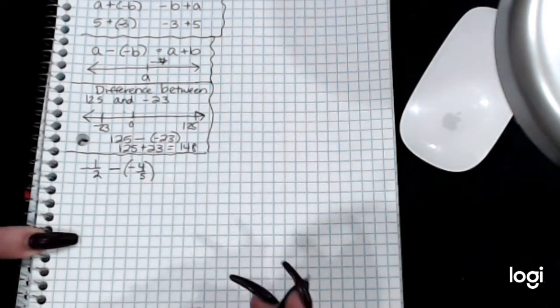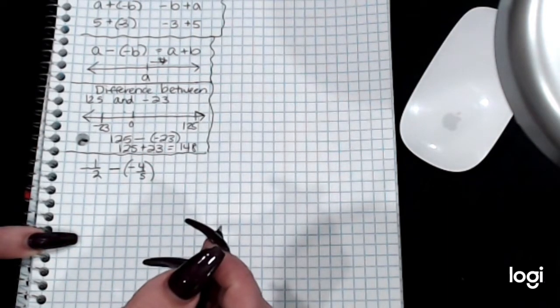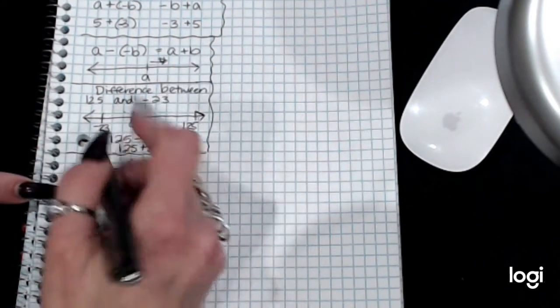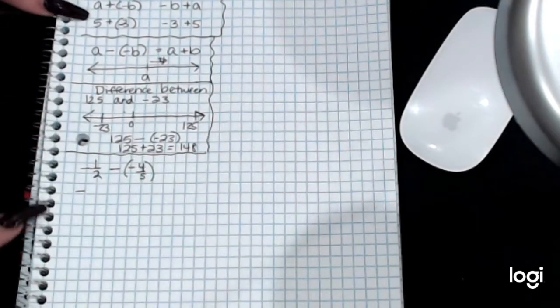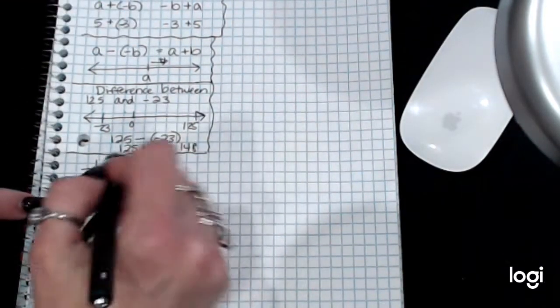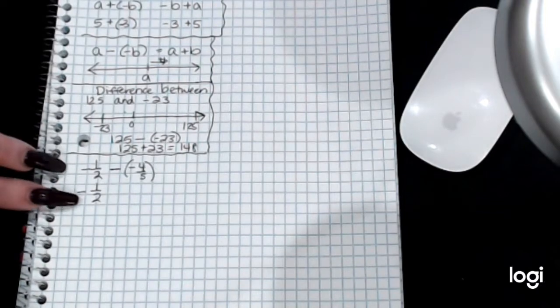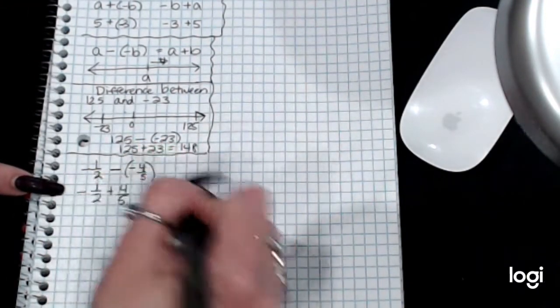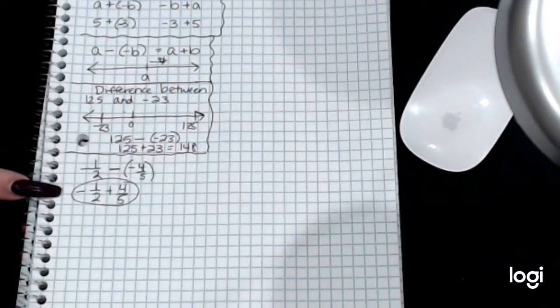So if you have to choose the values that are also the same as this one, just like we did up here, you keep the first number the same, but you're really adding this. So it would be this one.